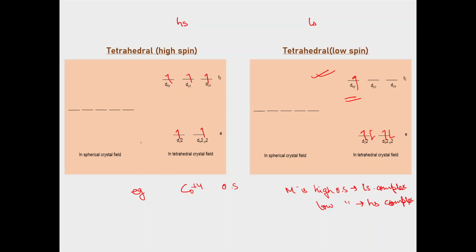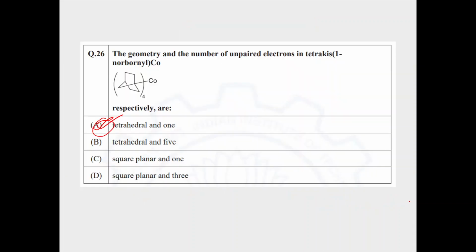But this example of the tetrakis norbornyl complex is one among the rare examples in which we can see a low spin tetrahedral complex. This also came in a research paper where they studied this, and this is one such rare example. So you guys should keep it in mind. But for your knowledge, mostly for tetrahedral complexes, we get high spin complexes only.